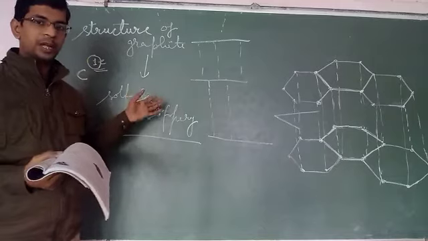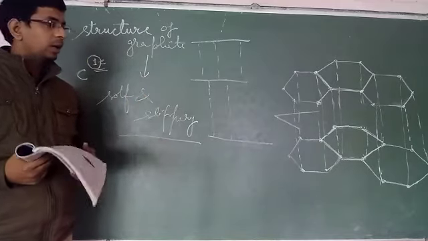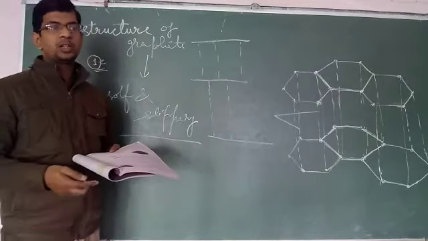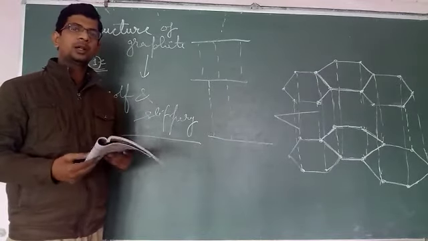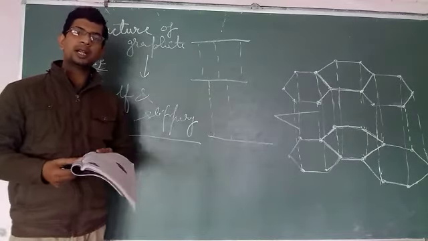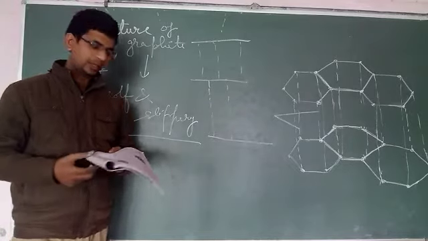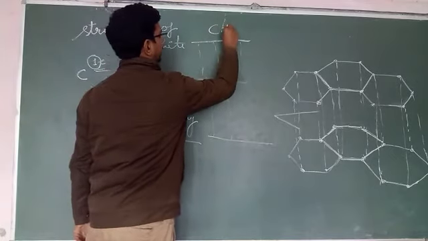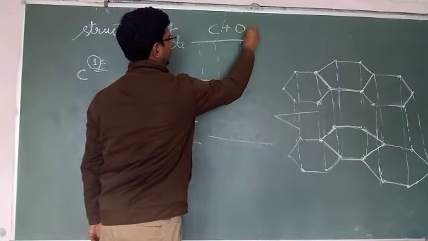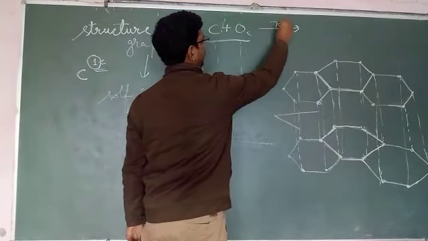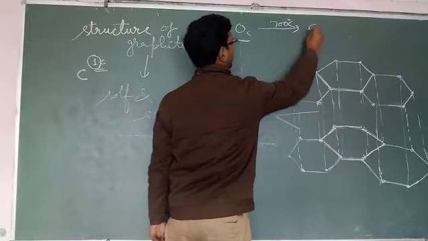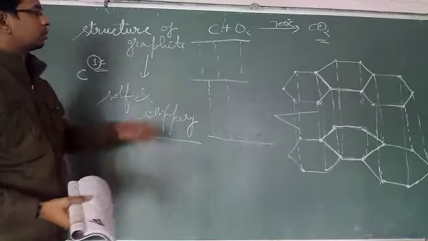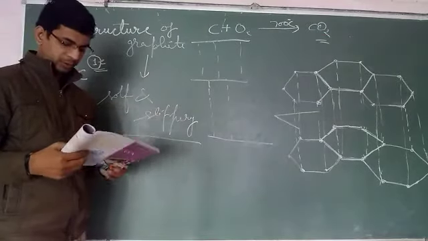In diamond we have seen that if we heat it over a particular temperature, the carbons present in the diamond will be converted into carbon dioxide. In the same way, if we heat graphite in the presence of oxygen over 700 degrees Celsius, it will be converted into carbon dioxide. Means carbon dioxide gas will be formed.